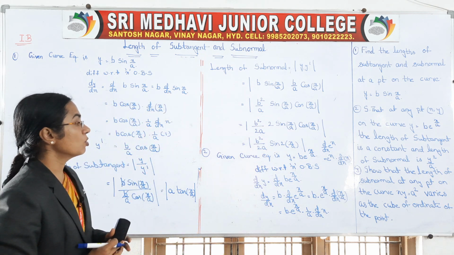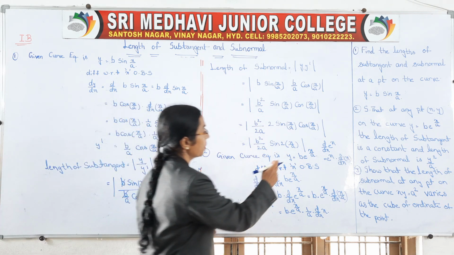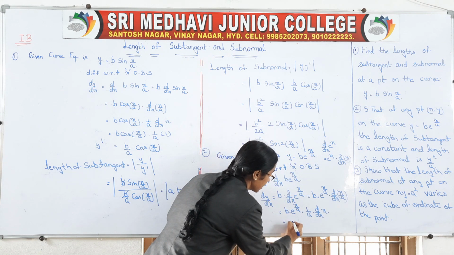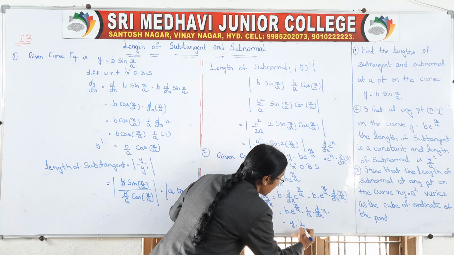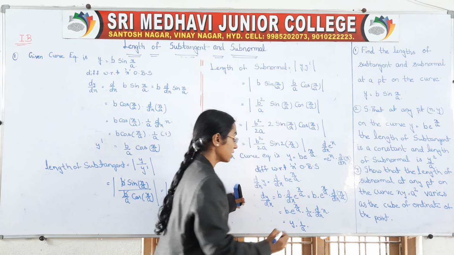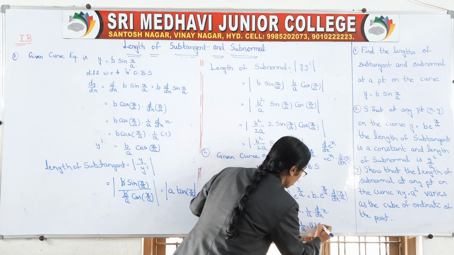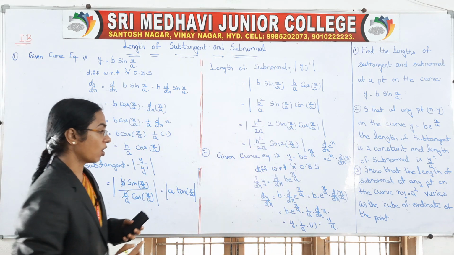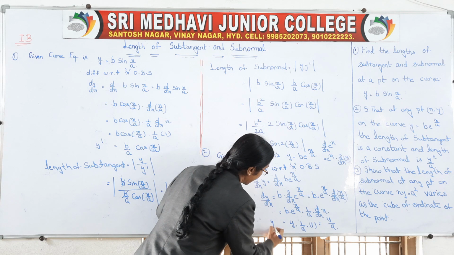So b into e to the power of x by a is nothing but y. So we can write this as y into 1 by a into d by dx of x, which is 1. So y by a is the value of your y dash.